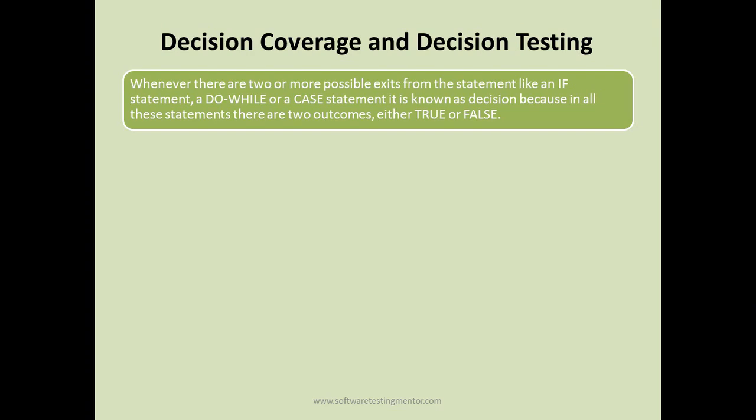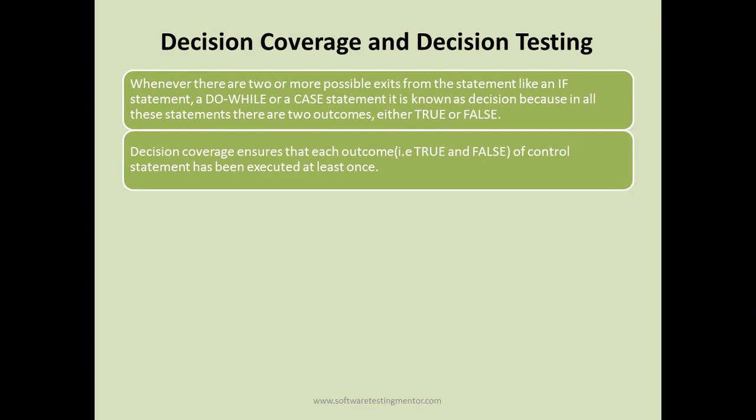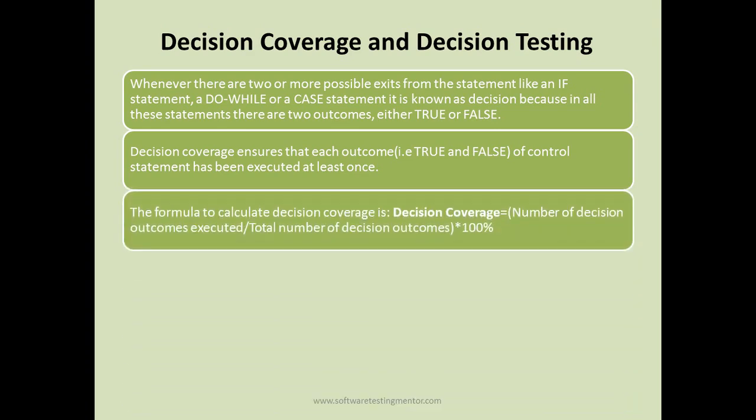Whenever you are testing these two outcomes, it is known as decision testing. Decision coverage ensures that each outcome of a control statement, true and false, has been executed at least once.